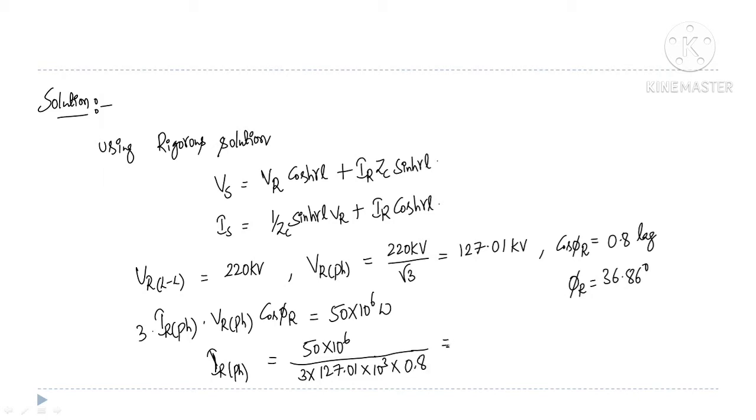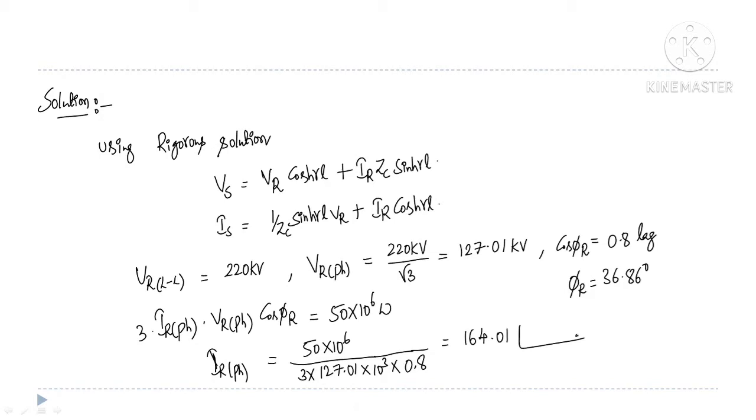Okay, so if you find this value using the calculator, you may get IR value as 164.01 at an angle. If I consider VR as reference, its angle will be 0 degrees, and as the current lags the voltage, IR must get a negative angle.